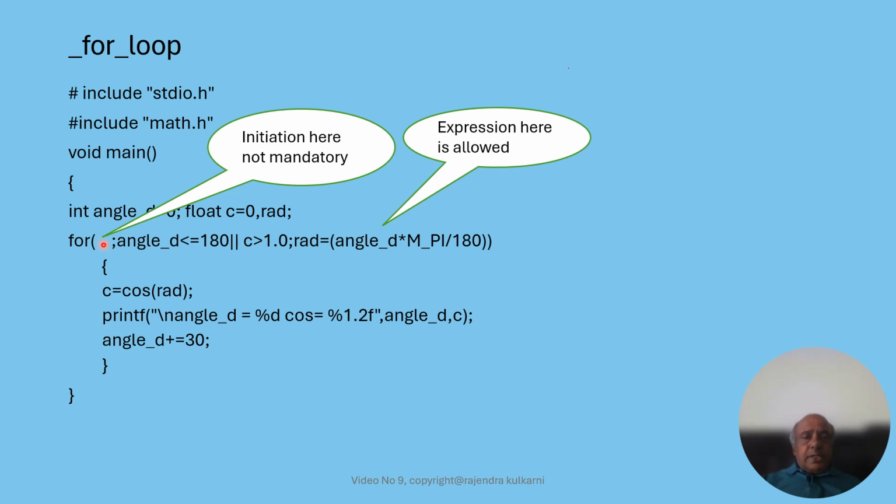Initialization here is not mandatory, an expression is allowed here. We can have two or more expressions between the two semicolons, but they must be interrelated with some kind of operator. Here we are using the OR operator.